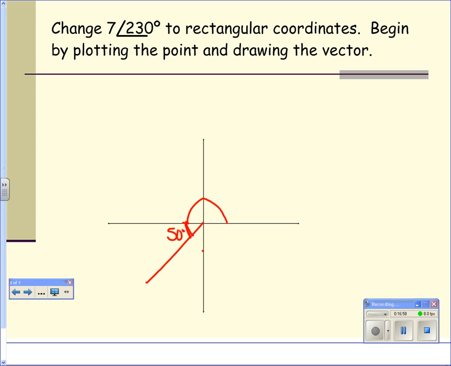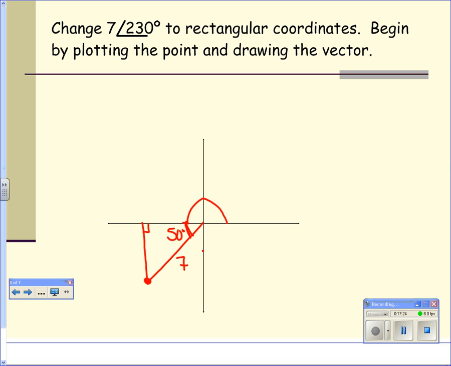So I just say, there's my point, and the hypotenuse is 7. You just make it however long you want it to be. Does that make sense? How to draw it?